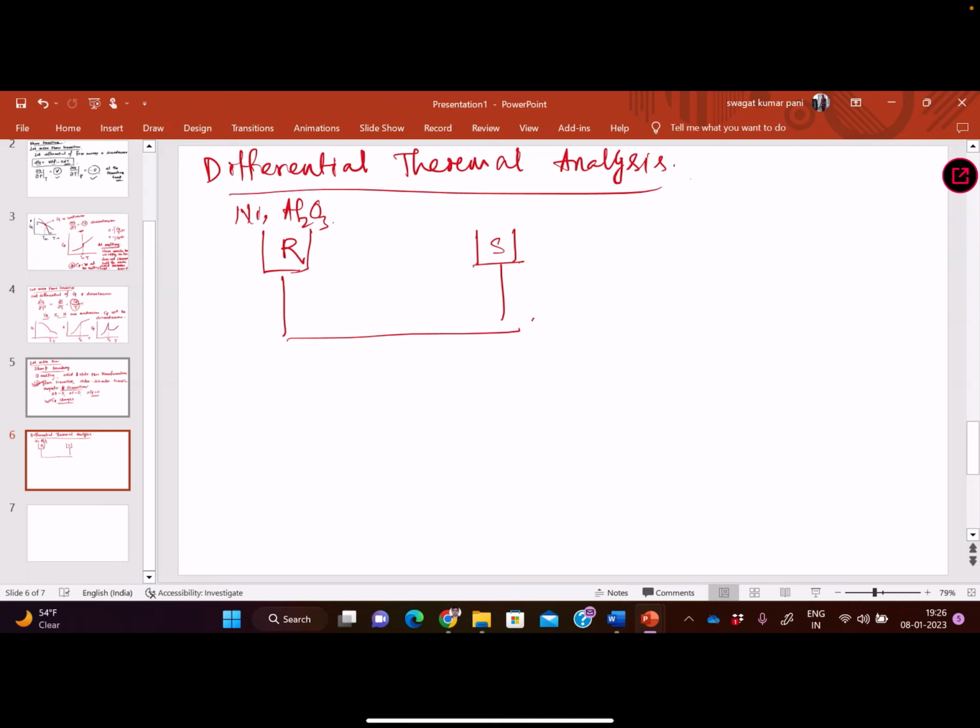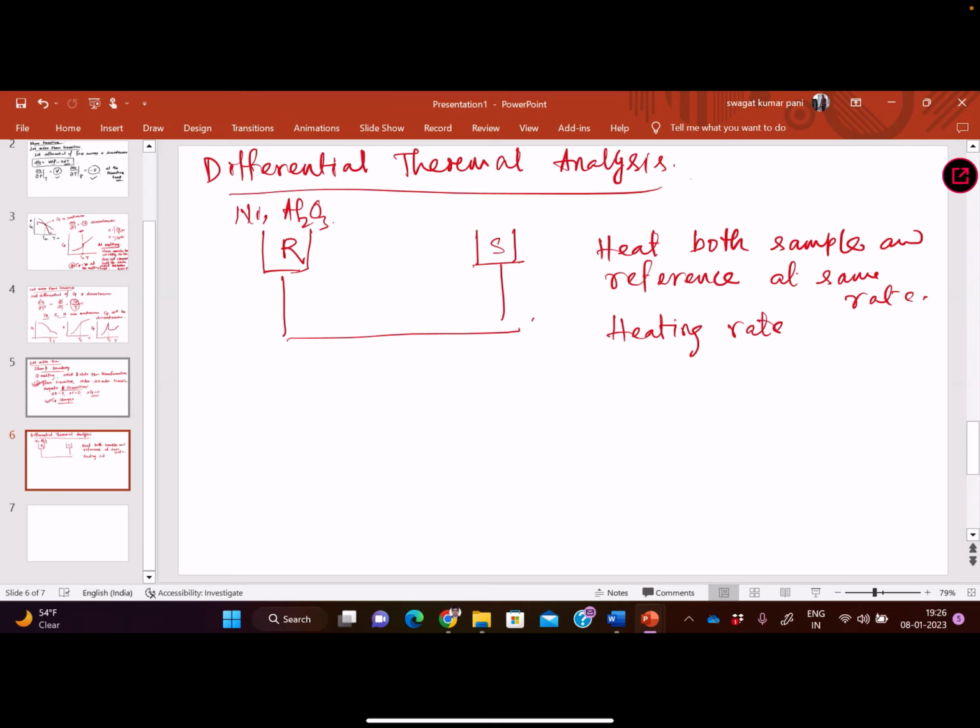So we heat both materials, and the heating rate normally ranges between 5 Kelvin per minute to 100 Kelvin per minute.